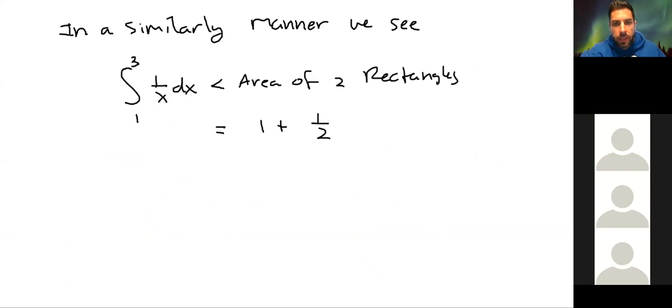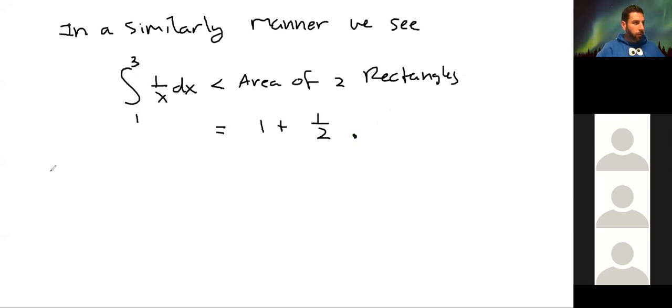Now, we can reason. Someone have a question? No. Okay. So without much more work, if you just think about that, instead of doing 2, but 3 rectangles or 4 rectangles or 5.